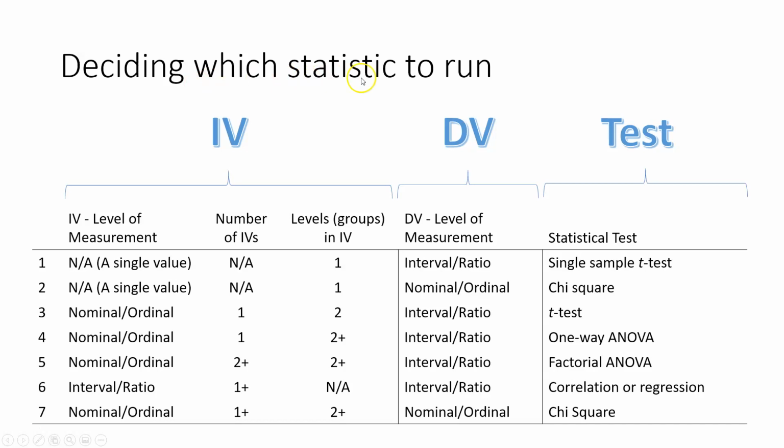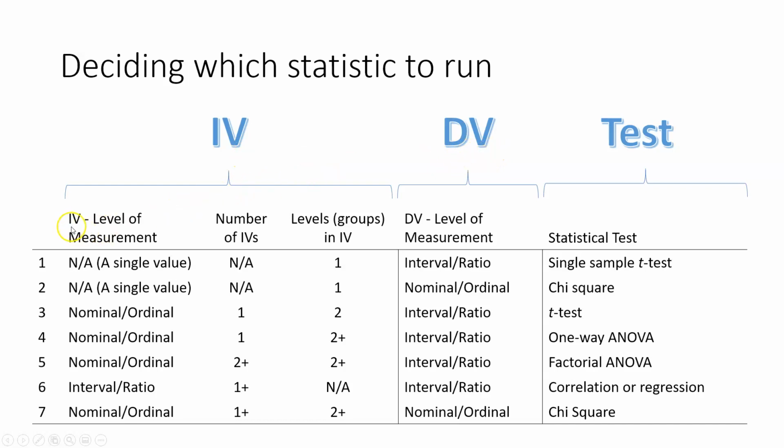Now, when you're deciding which statistic to run, you have to base it on both of those things we just talked about, which are the number of variables and the levels of them, as well as the type of measurement, the level of measurement of that variable. So, I've split out in this table down below what kind of statistic you should run, that's the test, based on information about your independent variable and your dependent variable.